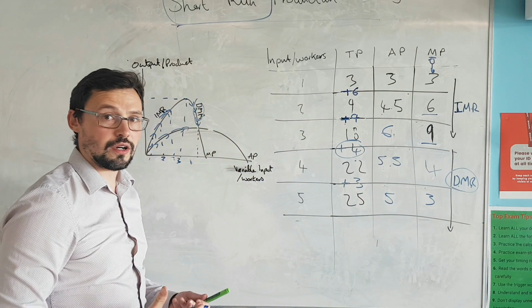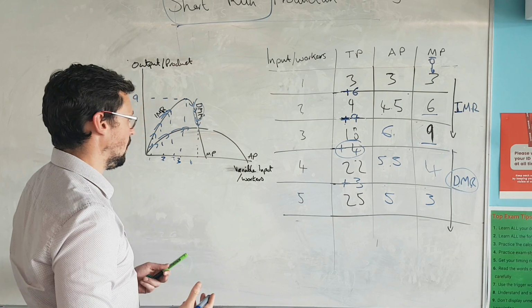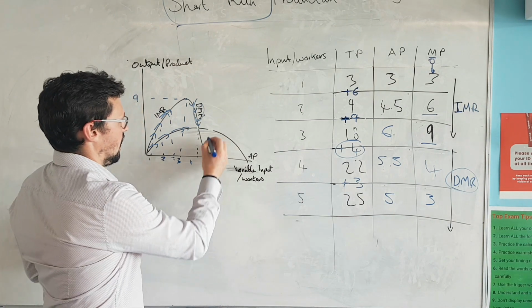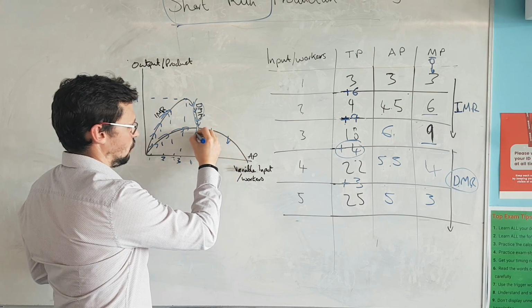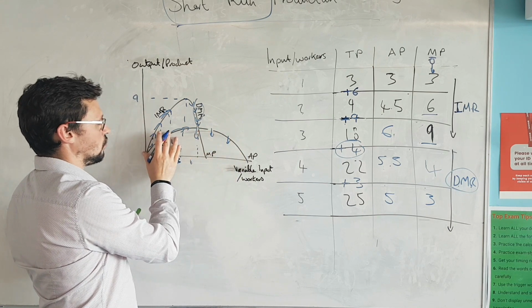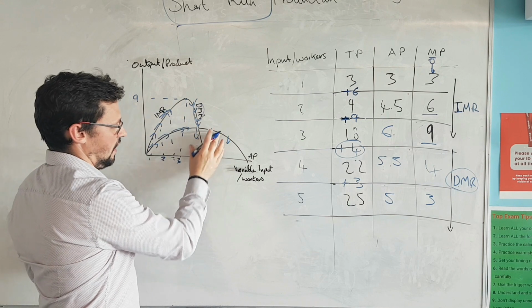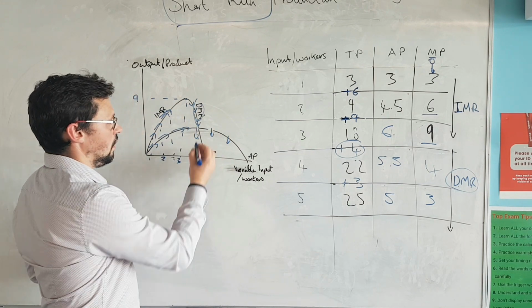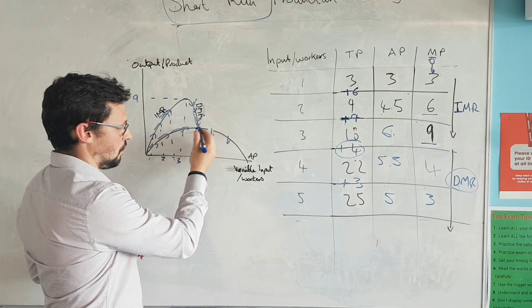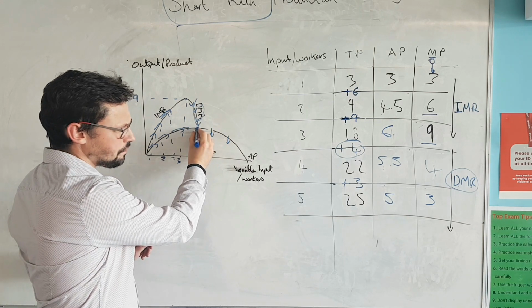So how productive each worker is now dropping because they're overcrowded. And therefore the average product starts to come down because the marginal product is coming down. So initially the marginal product drags the average product up, and then it drags it down, they become less productive. And the optimal is where you've got the highest average product, at that point there.